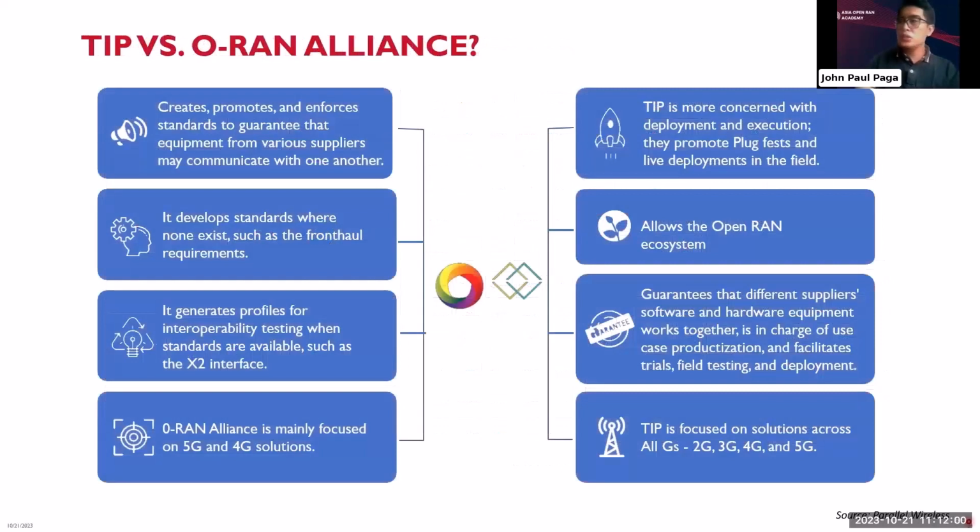So what is the difference between TIP and the ORAN Alliance? TIP promotes or enforces vendor neutral equipment. Sorry, I got it backwards. TIP is more concerned with the deployment and execution of vendor neutral hardware and software.